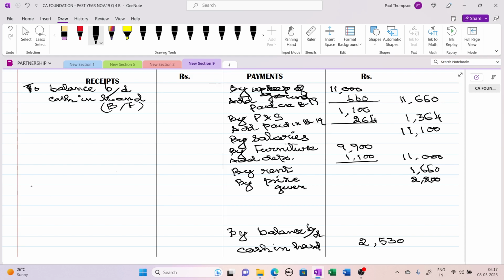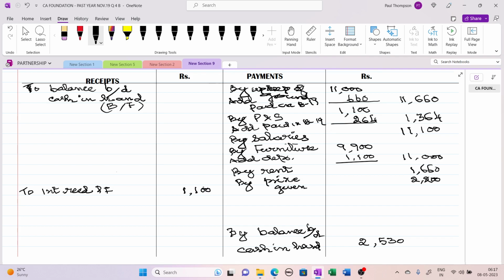and the interest received, because we will forget it, so immediately you write here the interest received from prize fund investment, that is amounting to 1100.